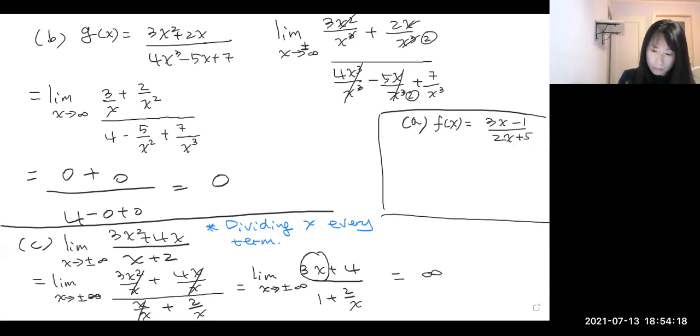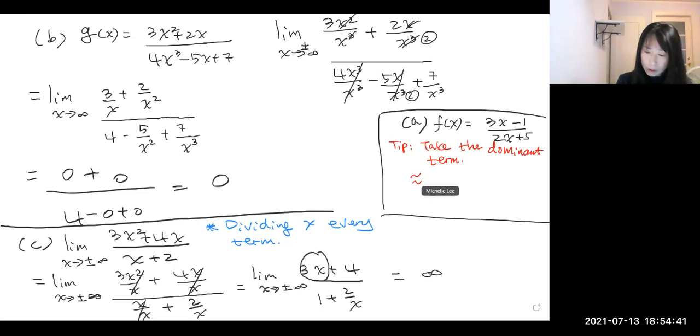Tip: take the dominant term. In this case, the dominant term is 3x over 2x, right? Then we simplify, we get 3 over 2.